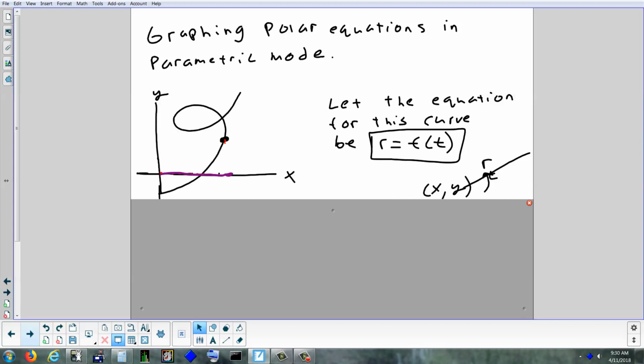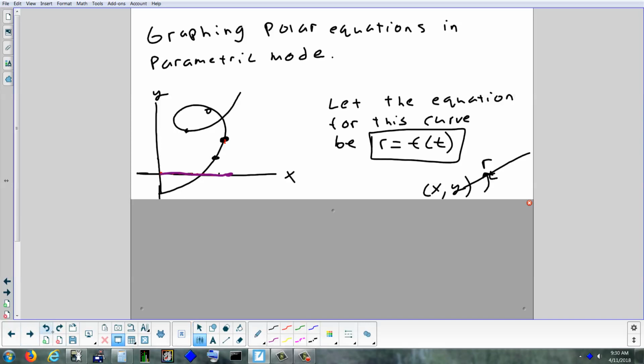So instead of looking at this entire picture, what I'm basically going to do in my mind is erase everything else, and I'm just going to focus on that dot in black. Because if I can figure out how to represent that single dot in black in parametric, then I can represent any dot in parametric. But I just have to figure out how to do one of them, and then I can do all of them.